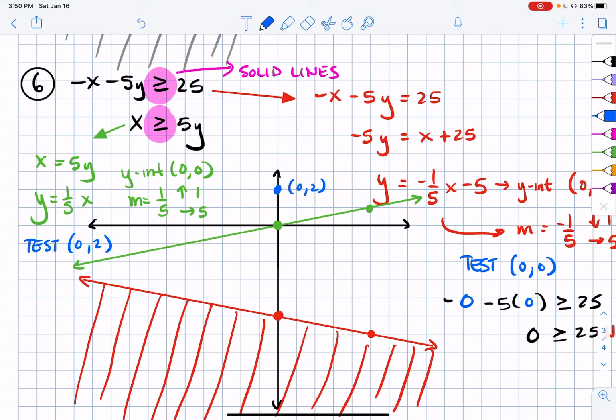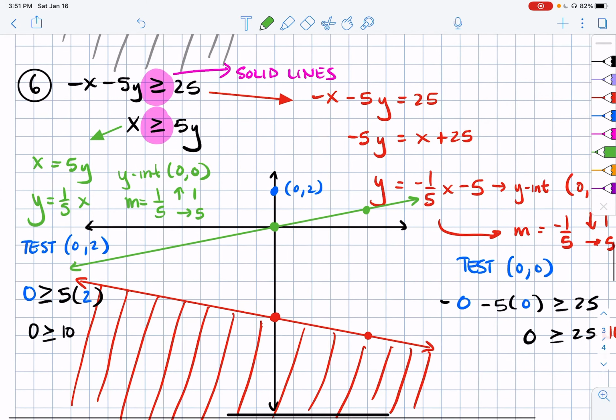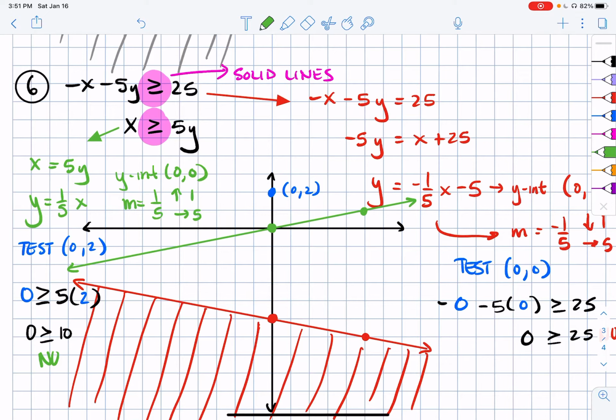So the original says x is greater than or equal to 5 times y, which is 2. So again, it's 0 greater than or equal to 10, and the answer is no. Okay, so this is going to be shaded below.